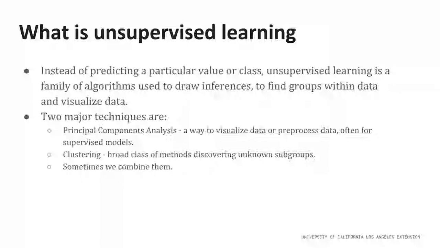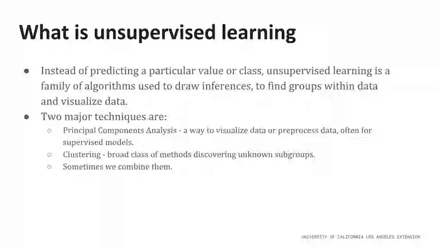Two of the major techniques are principal components, which is a way to pre-process or to simplify your data set on a dimensional level, and often this is done to help improve performance on supervised models.